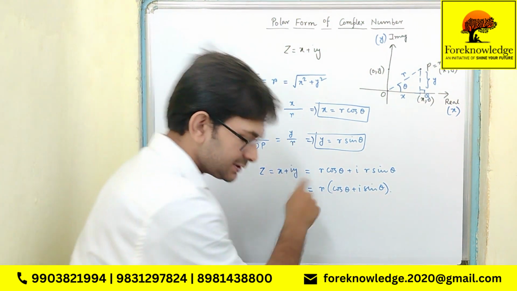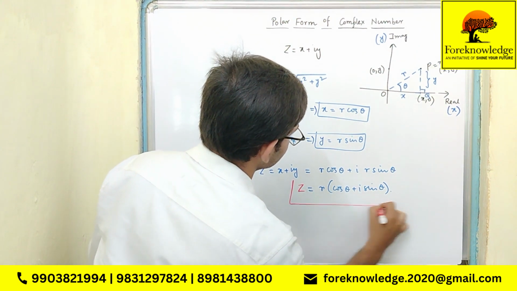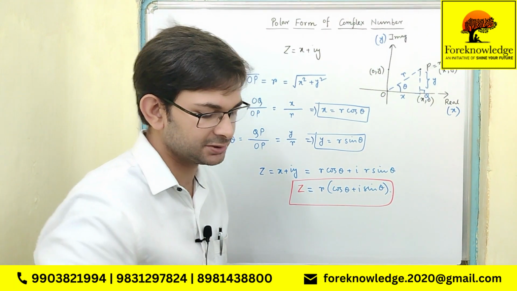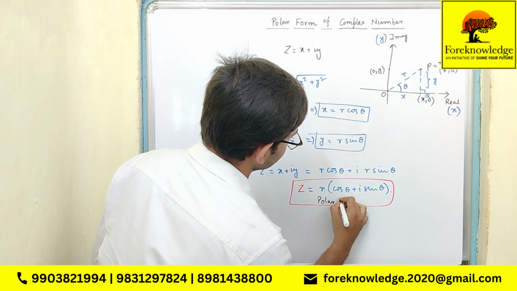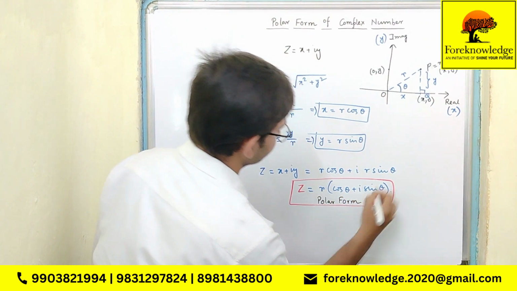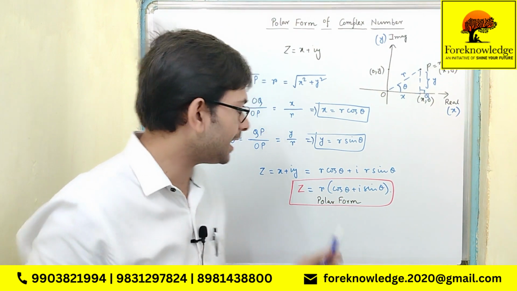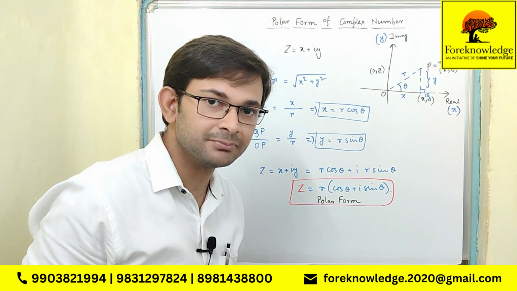This form for z is called the polar representation or polar form of the complex number, where r is nothing but the modulus of the complex number.